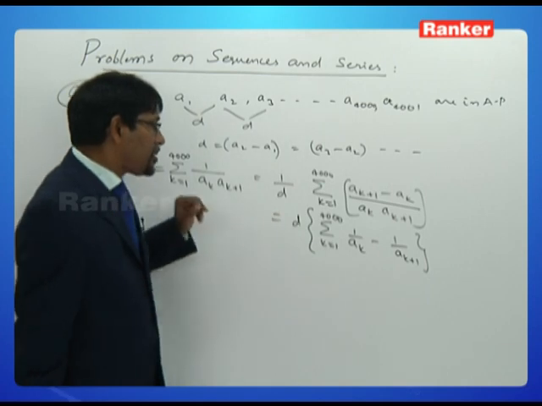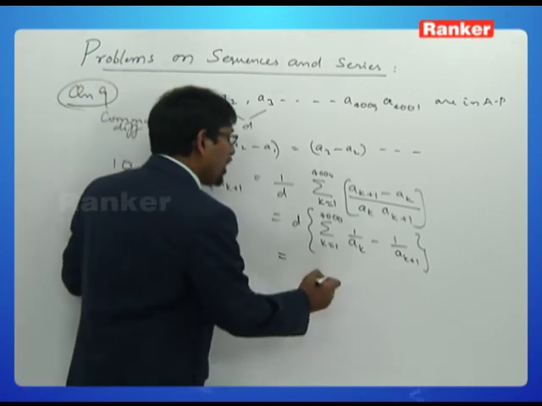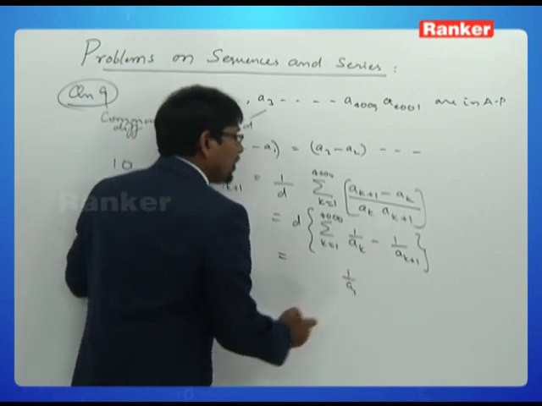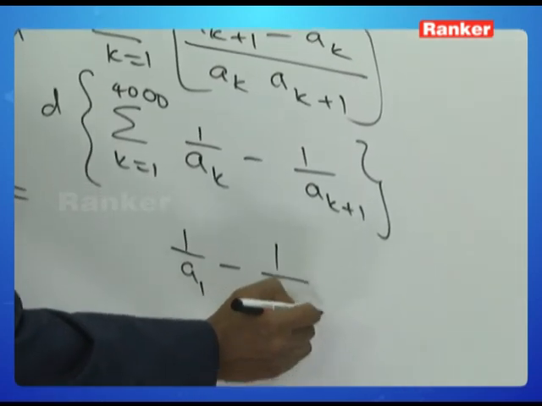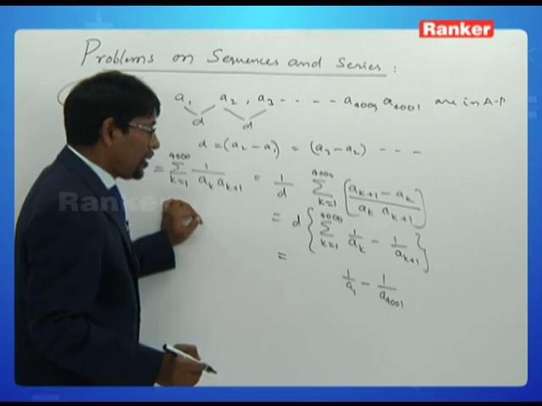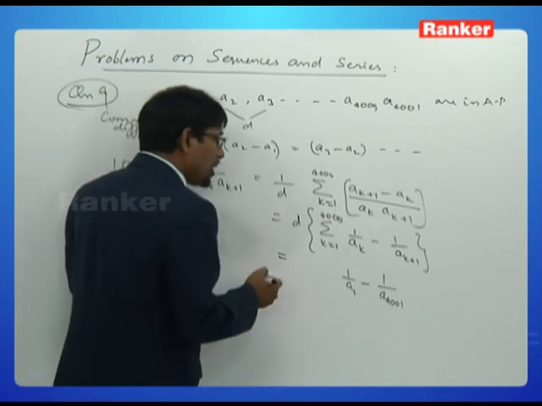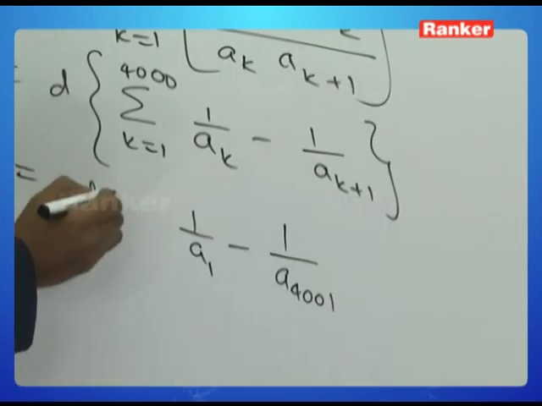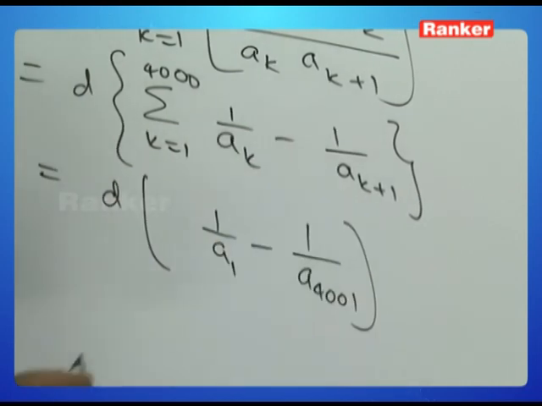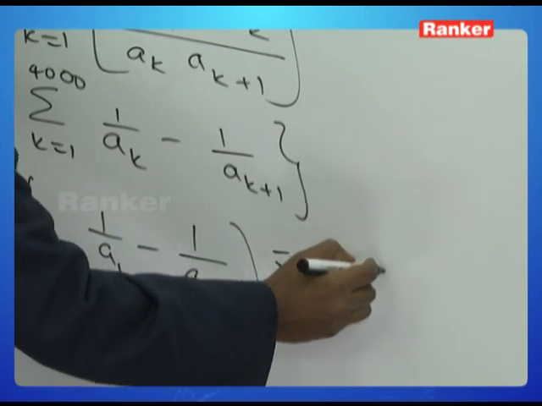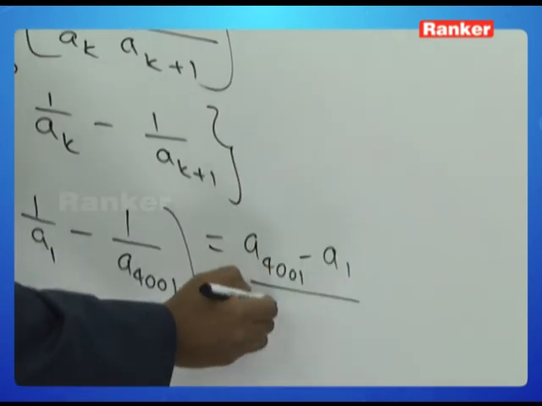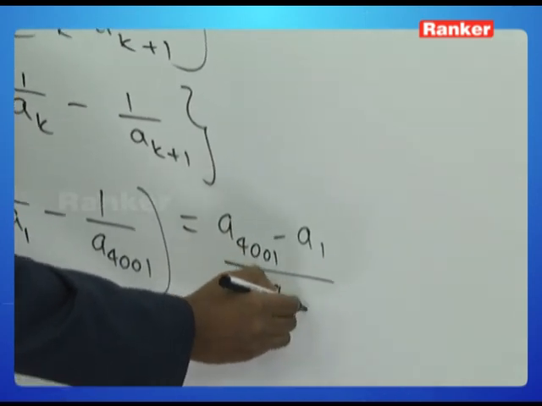When you apply the summation, what is it that remains? 1 by a1 minus 1 by a4001. All the middle terms get cancelled and you will be left with d into this. And what is this equal to? A4001 minus a1 by a1 into a4001.